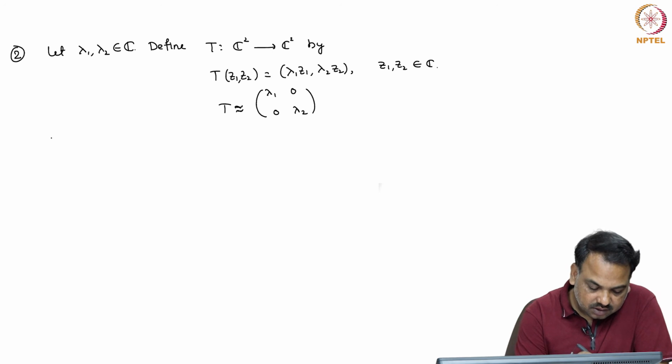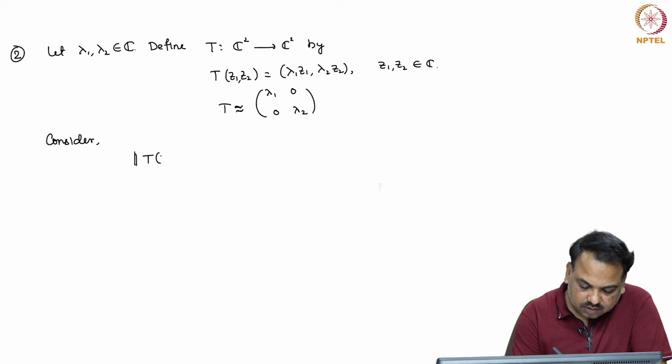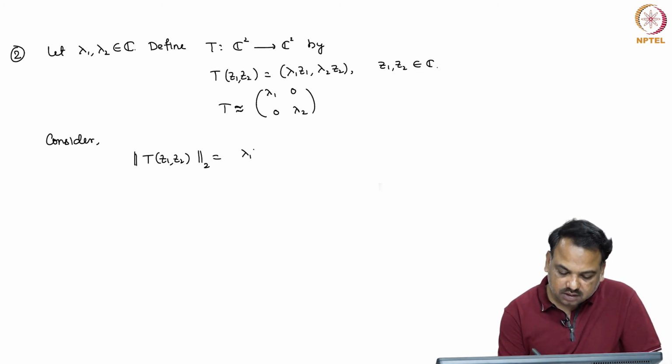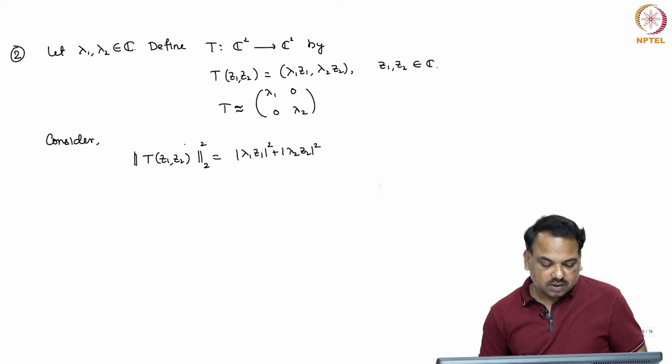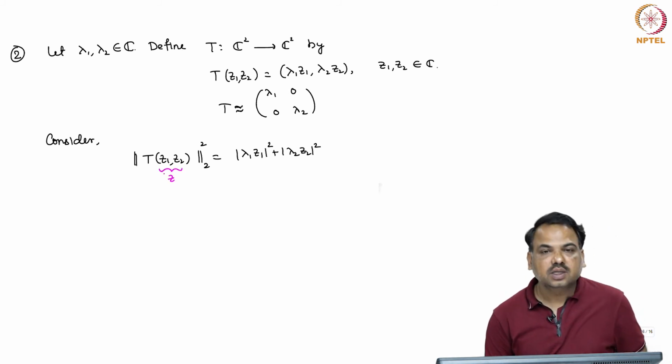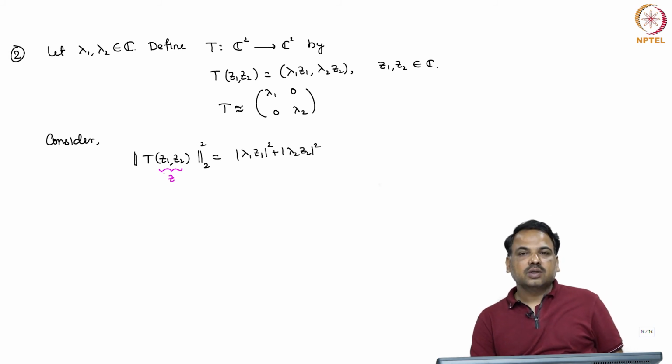Now look, consider the norm of T of z1, z2. So this is the L2 norm. Let us take the square here. Let us say this is z, norm Tz. We want to say that it is less than or equal to k times norm z. Here norm z is nothing but the square root of mod z1 square plus mod z2 square.